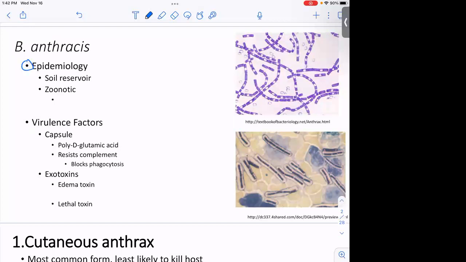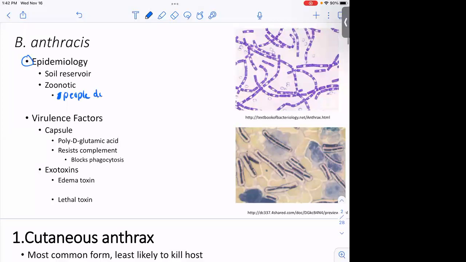But as far as I know, there hasn't been a case of a person getting anthrax from another person. Okay, so let me just write that. People don't spread it to other people. Okay, we get it from being in close association with animals.